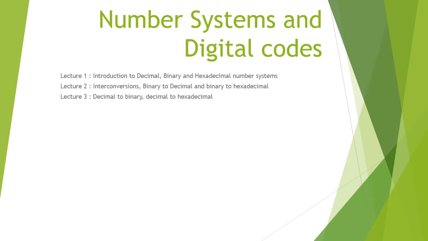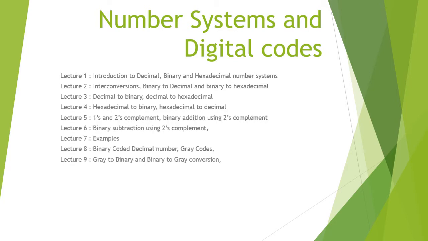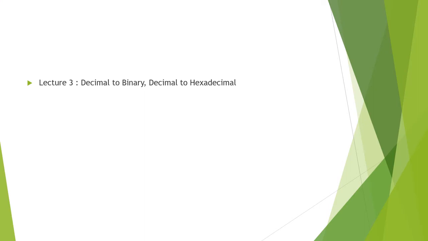Now in today's lecture we are going to discuss the conversion of decimal numbers into binary and hexadecimal. And these are the lectures that we are going to discuss in the future. So let us start with our third lecture, which is decimal to binary and decimal to hexadecimal interconversion.